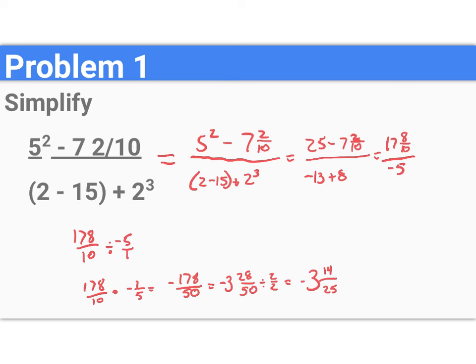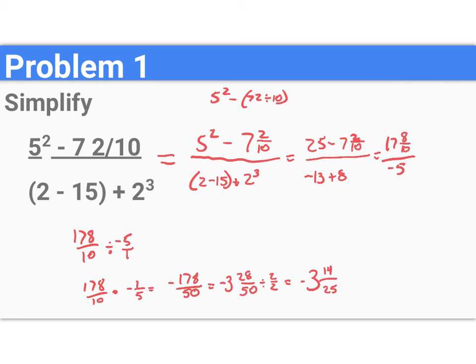You could have done all of this in the calculator. I hope you will put the numbers in right. So if you wanted to put the numbers in right, you would have first converted 7 and 2/10 to an improper fraction. So you should have typed in the calculator 5 squared minus 72 in parentheses divided by 10, like that, to get your numerator.